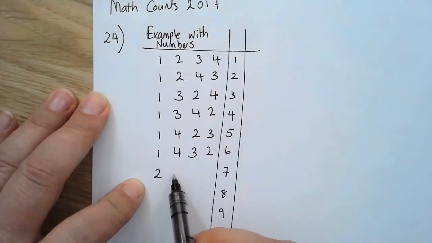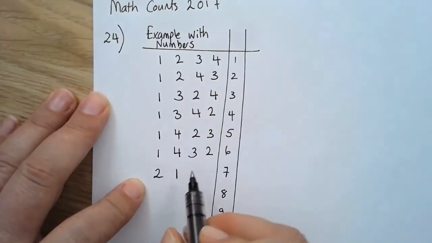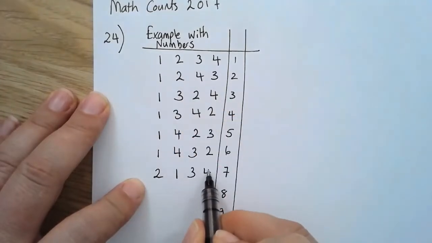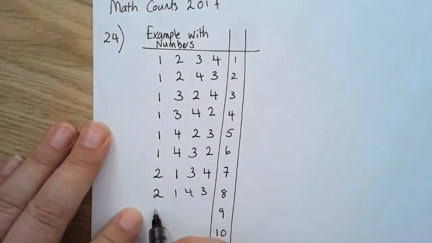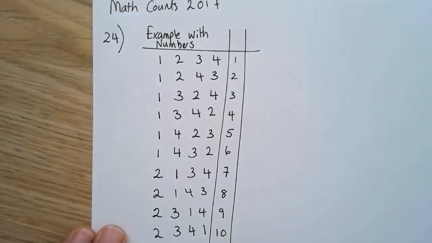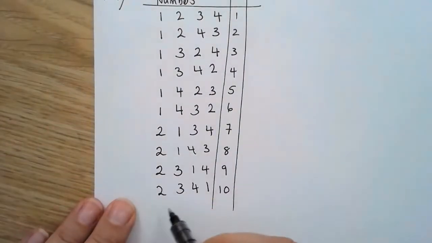And the smallest 2,000 number will be a 1, then a 3, then a 4. I've done 10 here, but let's just finish off these 6.